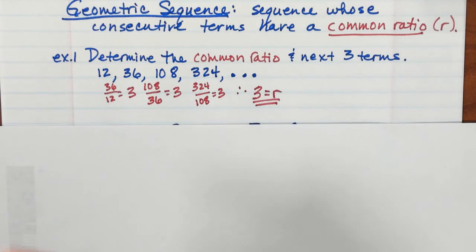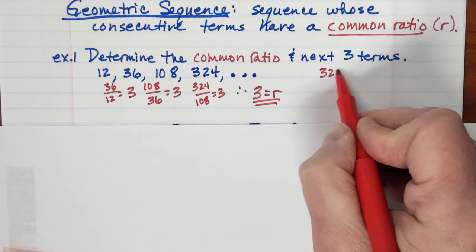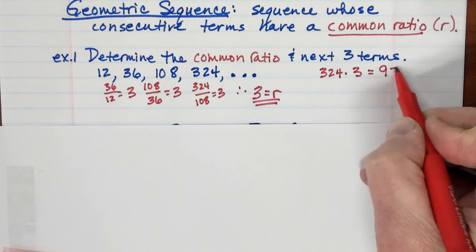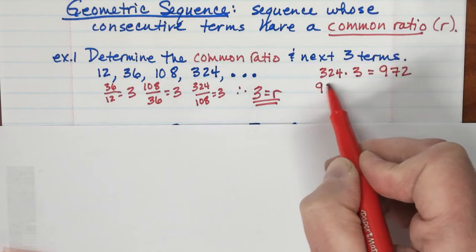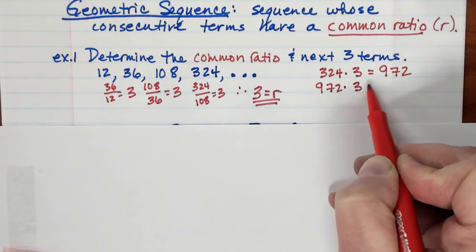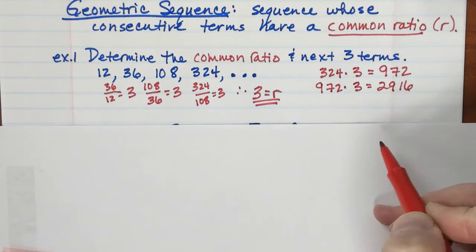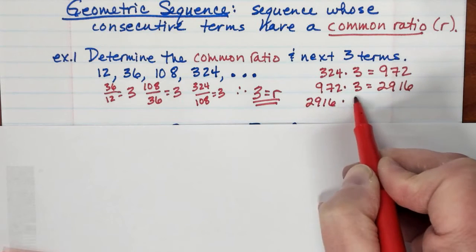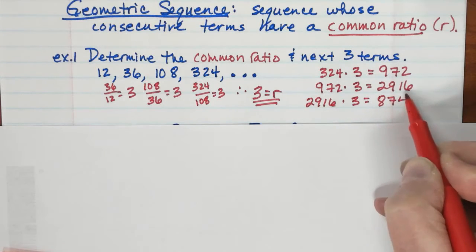Now, if I want to know the next three terms, then you're going to take 324 and multiply by 3. That gives you 972. You take 972 times 3, and you're going to get 2,916. And you take that value times 3, and you're going to get 8748.